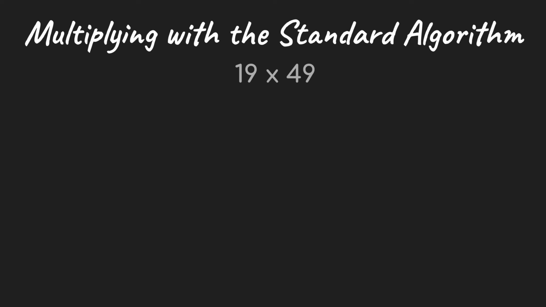Last one. All right, 19 times 49. I'm going to do 9 times 9 first, which is 81. 9 times 1 is 9, plus 8 more, 9, 10, 11, 12, 13, 14, 15, 16, 17.